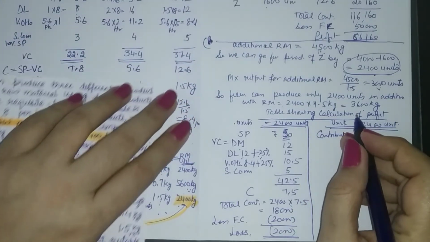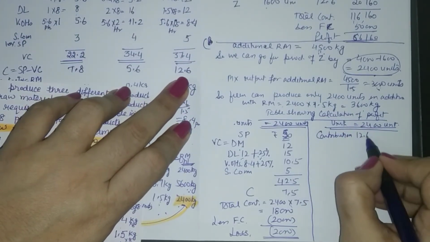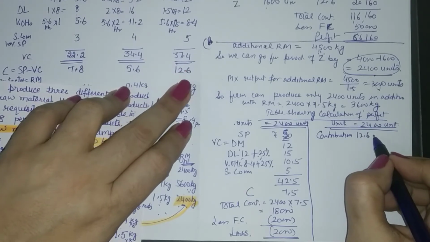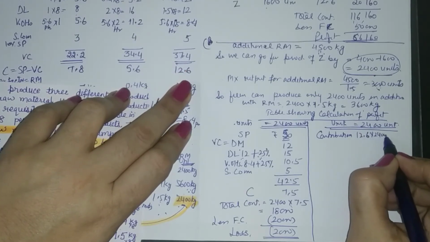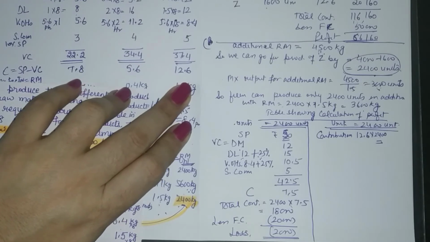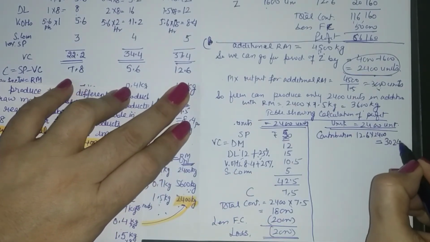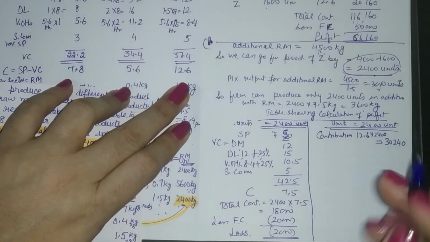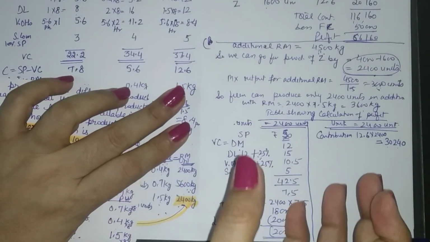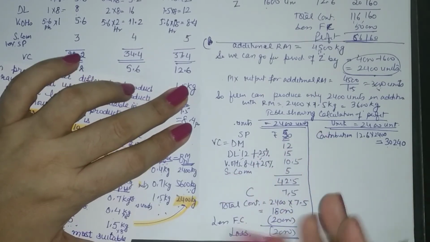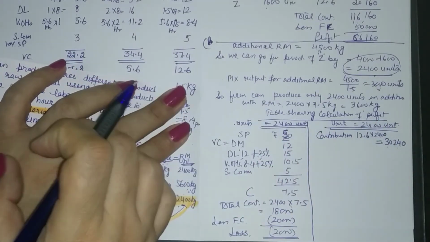We have already made the calculations. Since contribution is 12.6, every unit sold is going to contribute 12.6 rupees. So 30,240 is going to be your contribution. This is marginal cost, this is marginal profit. Okay. This is your additional contribution.